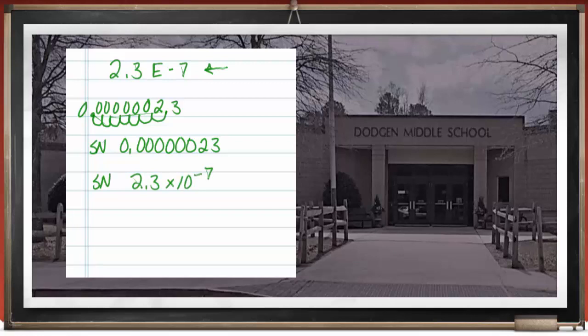Well, now we just need our estimated scientific notation and our estimated calculator notation. So again, our 3 is not greater than 5, so our value will round down to 2 times 10 to the negative 7th power. Our estimated calculator notation, 2E negative 7.